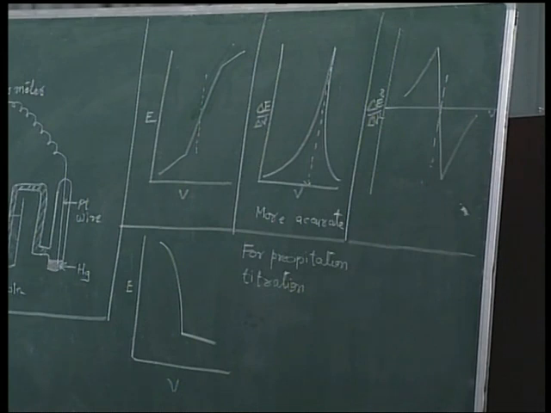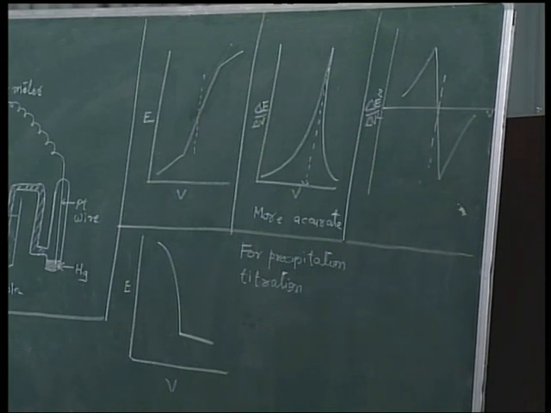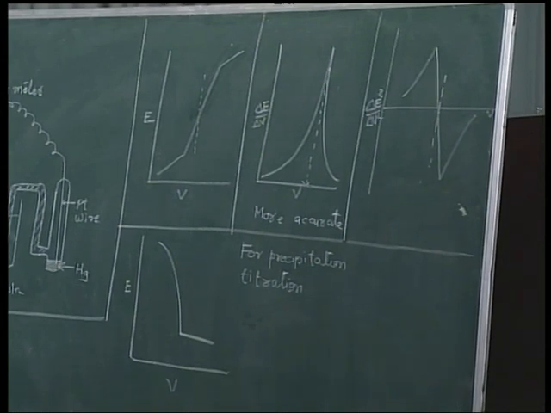So the solution is the second graph. In the second graph, delta E by delta V versus volume of NaOH, or the titrant added, NaOH in the case of neutralization titration. This graph is more accurate because we can see a sharp and maximum point.